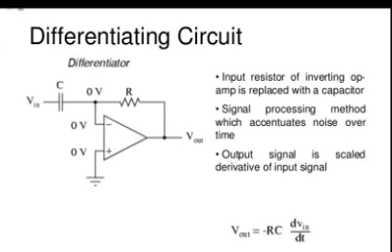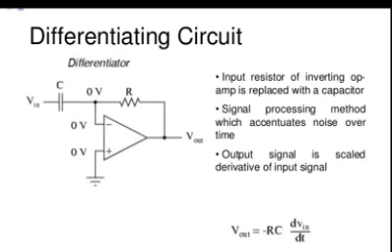The output formula of this differentiator is V out equals minus RC times the derivative of V in. The frequency response of this differentiating circuit is 1 divided by 2 pi R1 C1.